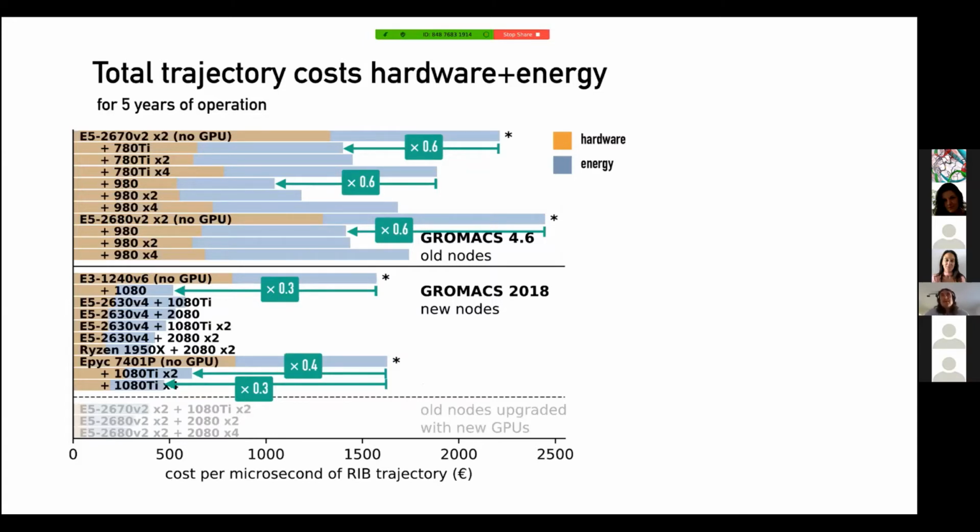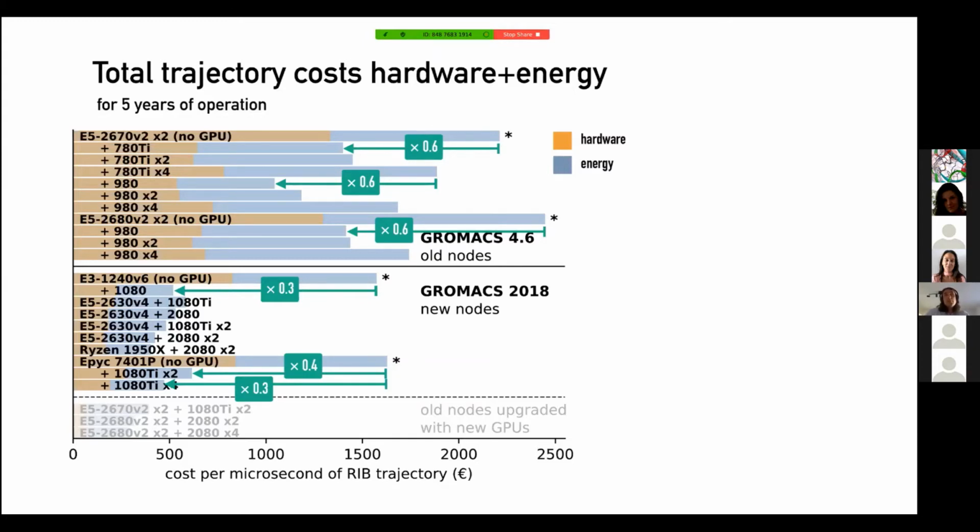Again, this slide is a little bit old, but it illustrates a couple of useful points. One is that newer versions tend to have better performance. So don't use GROMACS 4.6, don't use GROMACS 2018, use GROMACS 2021. And next year, use GROMACS 2022 and so on.